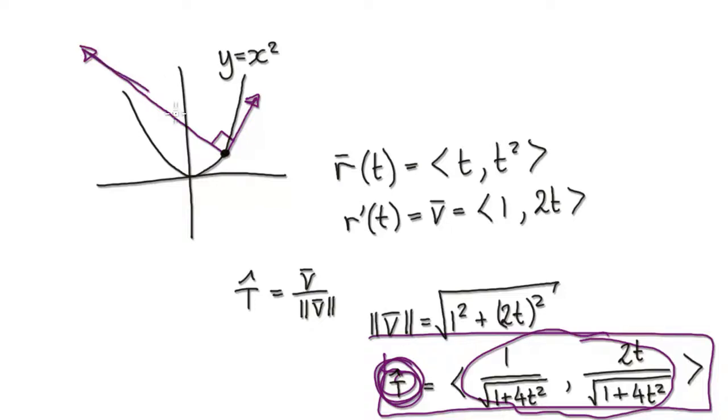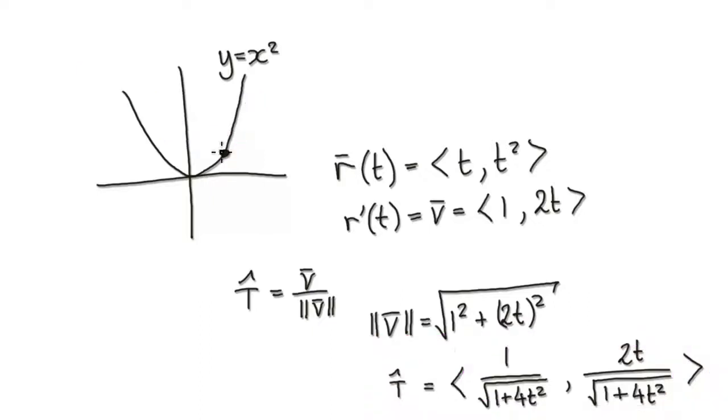But this vector might or might not have a length of 1, so you need to divide it by its magnitude in order to obtain a magnitude of 1.